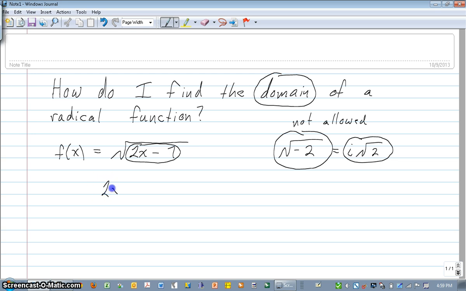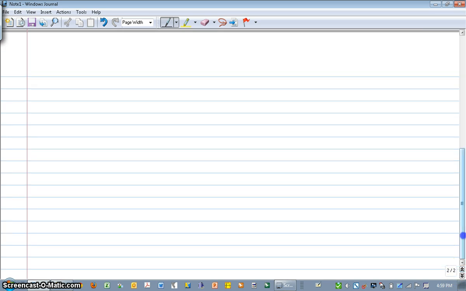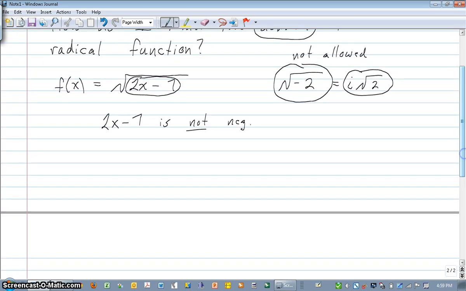So we're going to say 2x minus 7 is not negative. And if we're saying that that is not negative, then the only other option is that it's positive, or could possibly be 0.